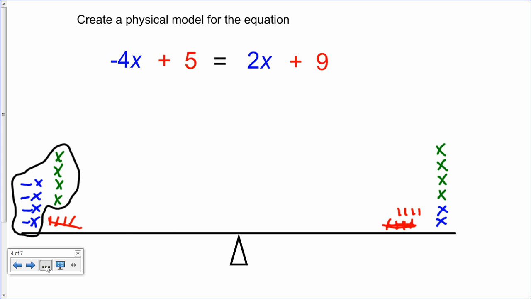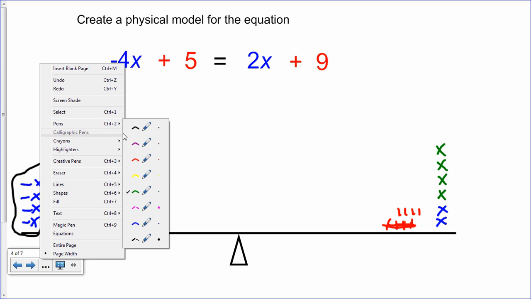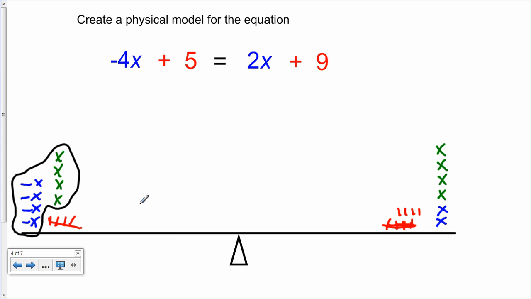So let me find another color, purple. Now, since what's in the black weighs nothing, that means that this 5 weighs the same amount as all of this.